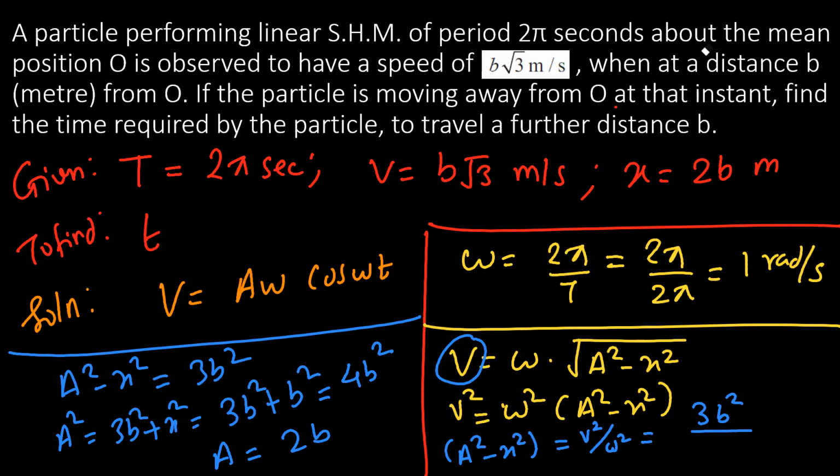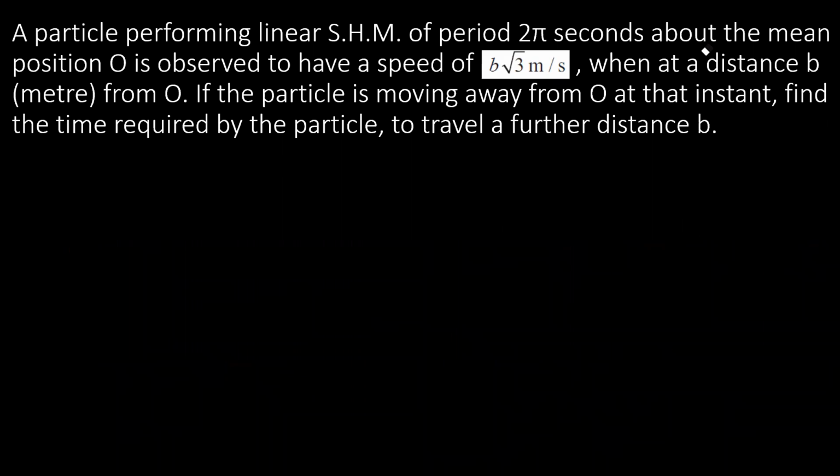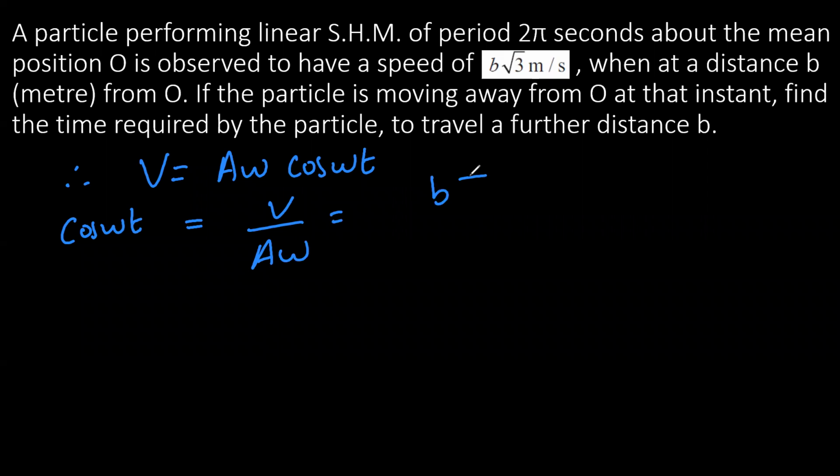So let's find t1. Now your formula is v is equal to a omega cos omega t. So we need to find cos omega t. It is v upon a. So v is how much? b root 3. A is 2b, omega is 1. So b gets cancelled. It's root 3 by 2. So omega t क्या है?